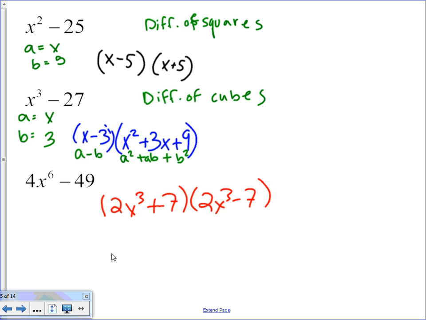Okay. And then Andrew, you did 4x to the 6 minus 49. You decided which special factor pattern was that? Difference of perfect squares. And so we were having a discussion on that side of the room. How do we take the square root of something like 4x to the 6? So the square root of 4 is 2. Think about what's the square root of x to the 6. What x to what power times itself will make x to the 6?